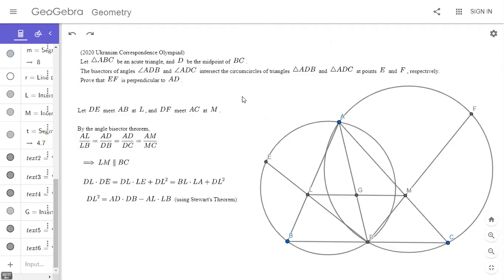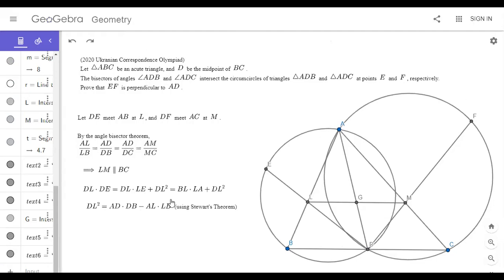Yeah, I'm trying to solve it without Stewart. Yeah, we're trying to do it without the formula for the length of the angle bisector. I think there has to be a way without it.